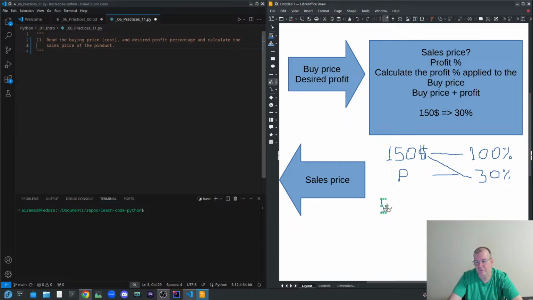So 150 multiplied by 30 is equal to, and then we get those two, P multiplied by 100.